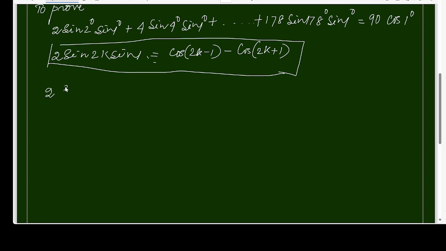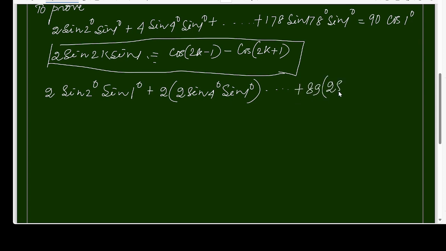So 2 sine 2 degree sine 1 degree, here I will take 2 common, so that I will get 2 times of sine 4 degree and again sine 1 degree. Last will be, I will take 89 common, so that it will be 2 times sine 178 degree and sine 1 degree. We'll apply this formula in all the cases.